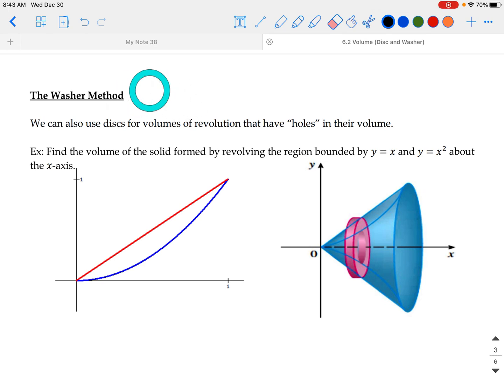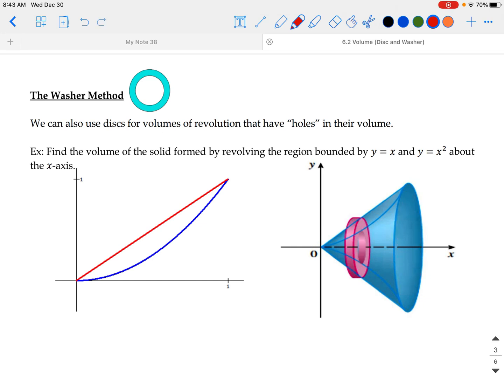But for the washer method, we're going to want to be a little bit more precise because we're going to be missing a section, and we're going to have sort of a hole in our graph. So on the graph below here, we can see the two representations of our solids here. What we'll note is for that graph in blue, the graph in blue has a hollow portion inside there.